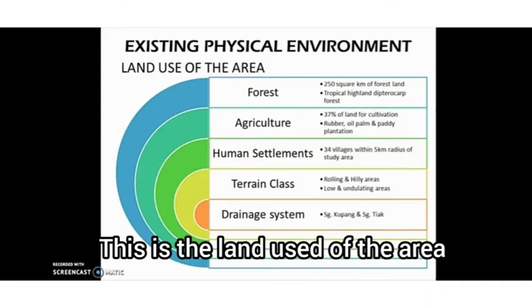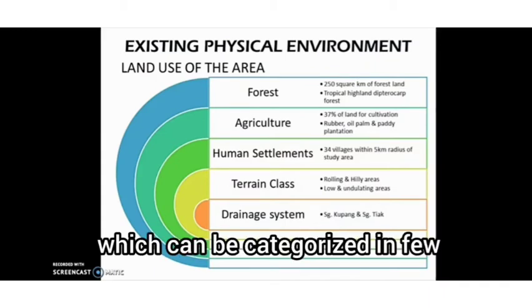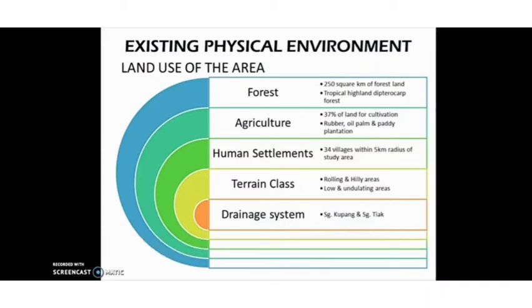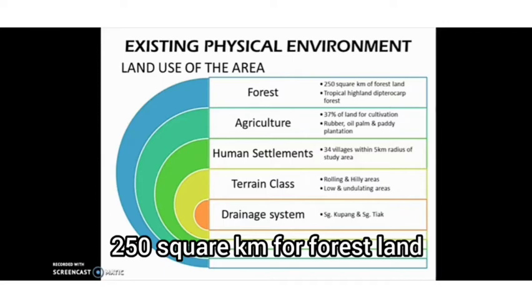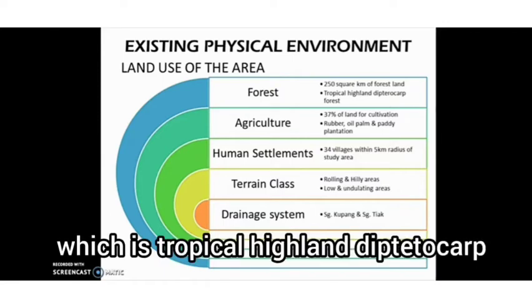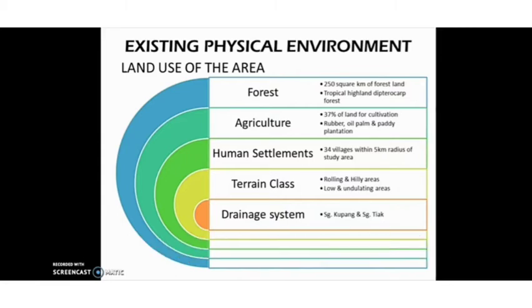The land use of the area can be categorized in a few categories, which is forest, where there is 250 square kilometers of forest land, which is tropical highland deep forest.